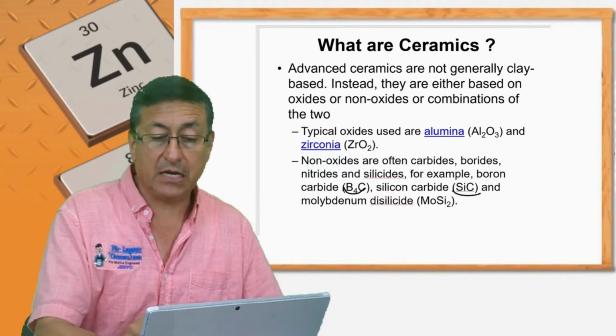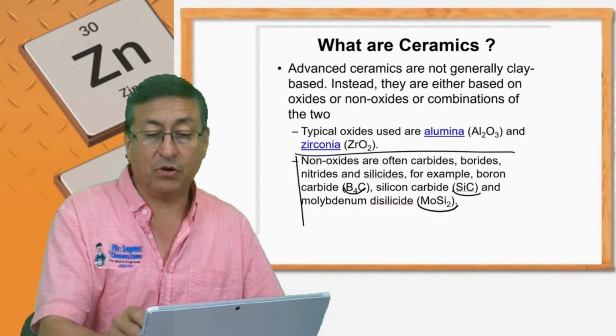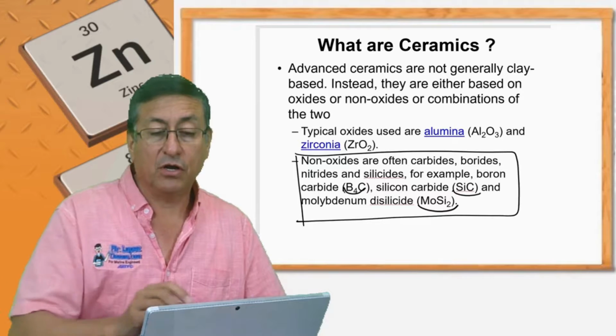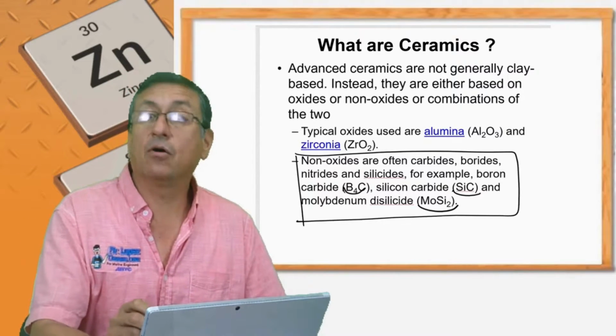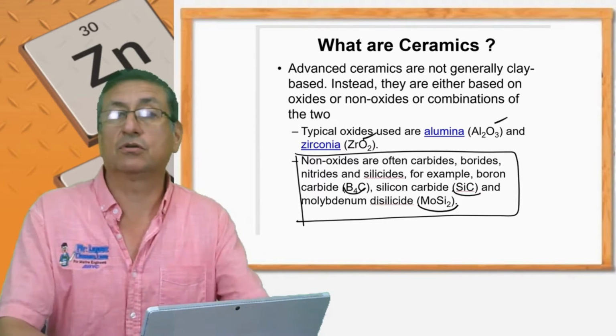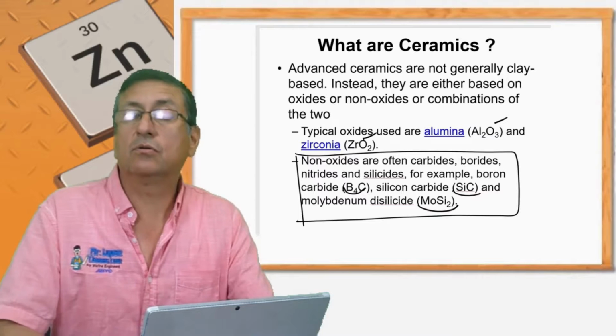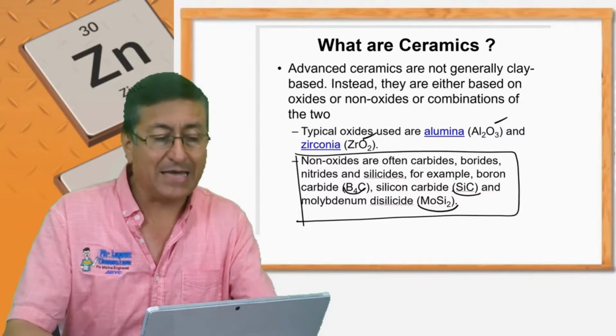Silicate of silica, molybdenum silica. Those are excellent examples of ceramics from non-metals. And the typical oxide of aluminum, oxide of iron, oxide of zirconium, oxide of zinc. Those oxides are used to create excellent ceramics.